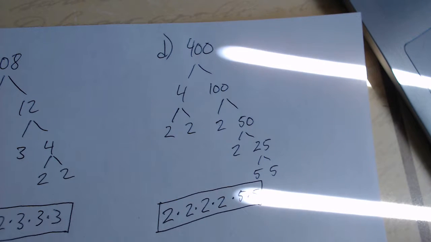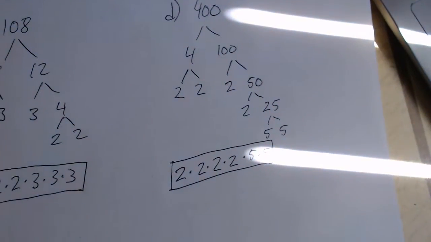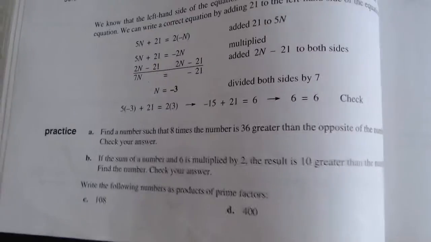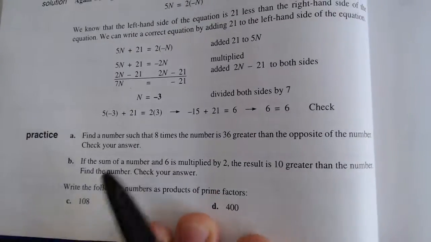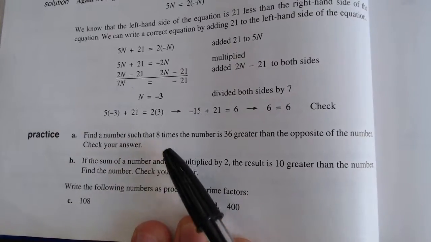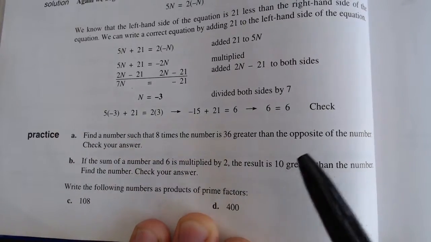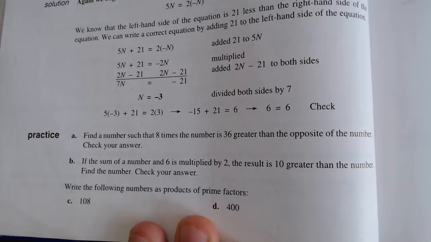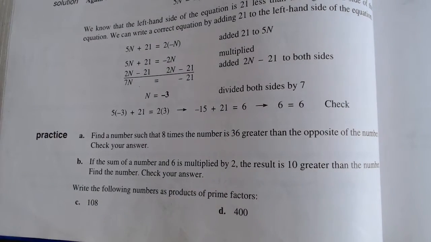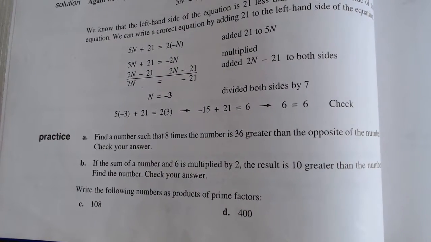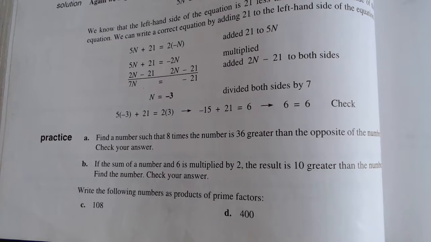Now, let's go on to A and B. A tells us to find a number such that 8 times the number is 36 greater than the opposite of the number. And then we have to check our answer. So again, we're going to be using the algebraic expression skills that we learned in lesson 30.